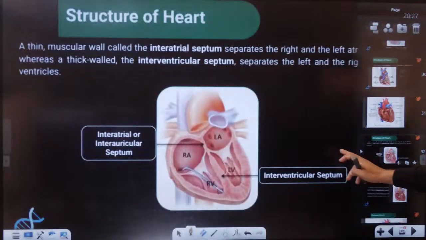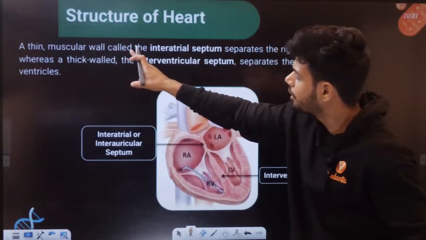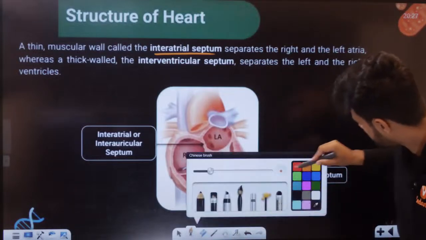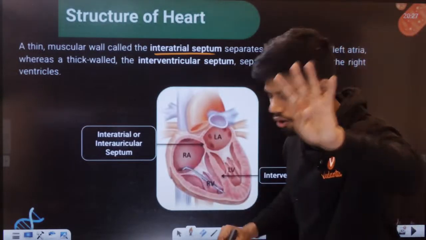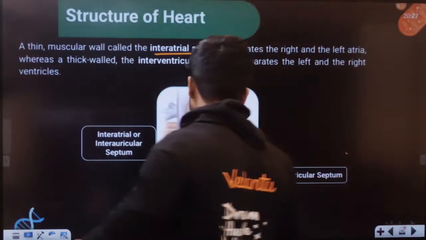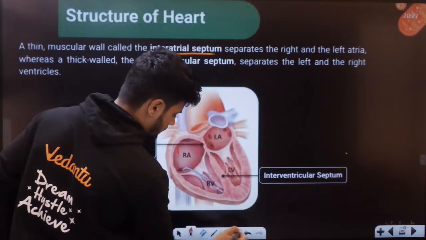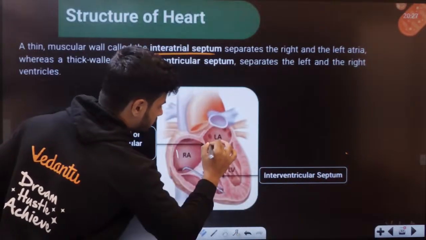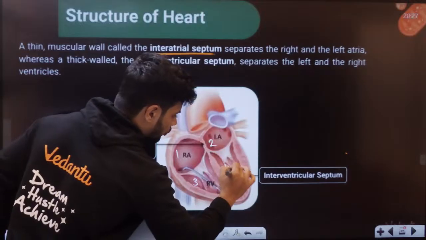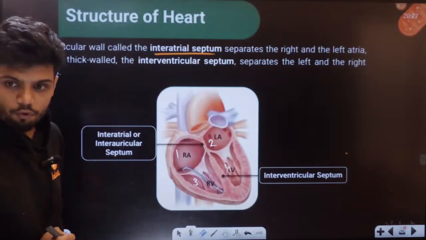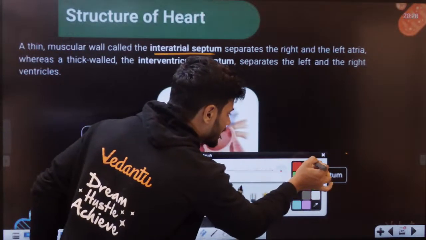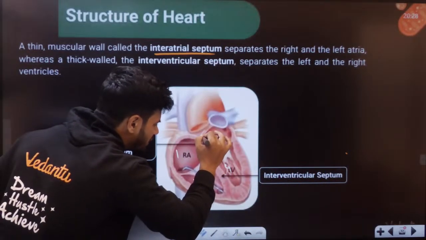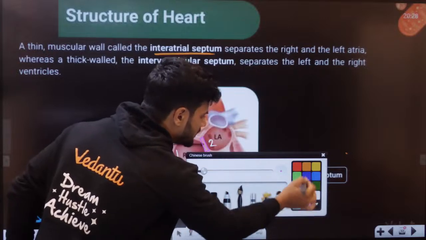See here. Now, a thin muscular wall called the interatrial septum. All of us know there are 4 chambers. You can see here, first, second, third, fourth. Now in these 4 chambers, if you notice, right in the middle there is a comparatively thin layer.